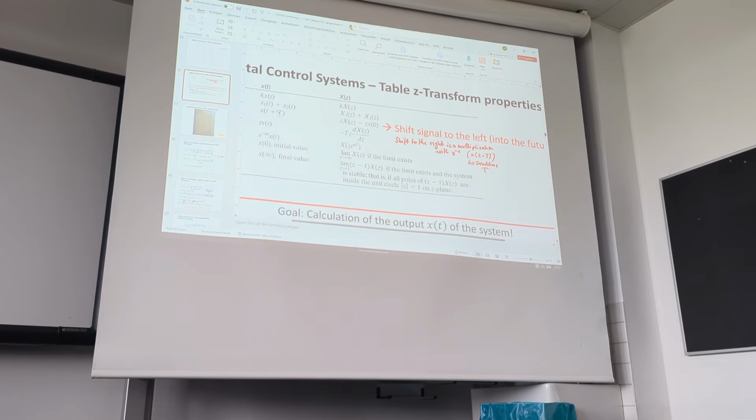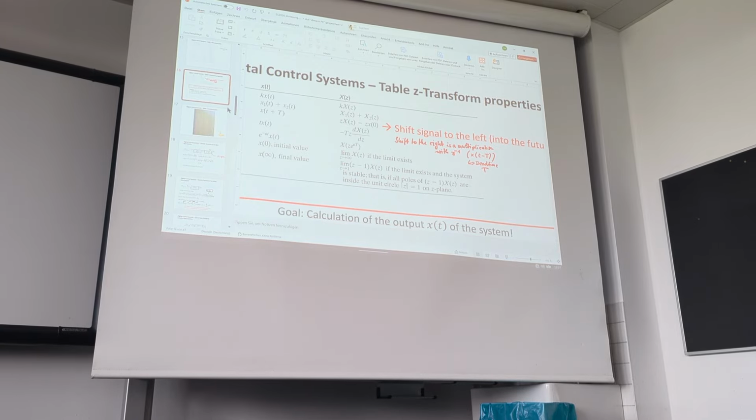If you go to the other side with minus T, then it would be a multiplication with z to the power of minus 1. So a shift to the right is a multiplication with z to the power of minus 1, and a shift to the left would be a multiplication with z.